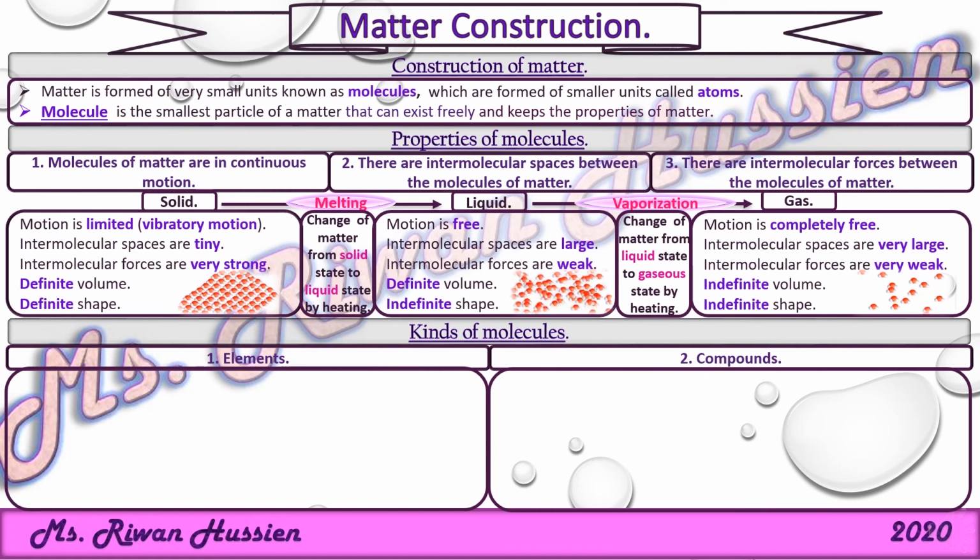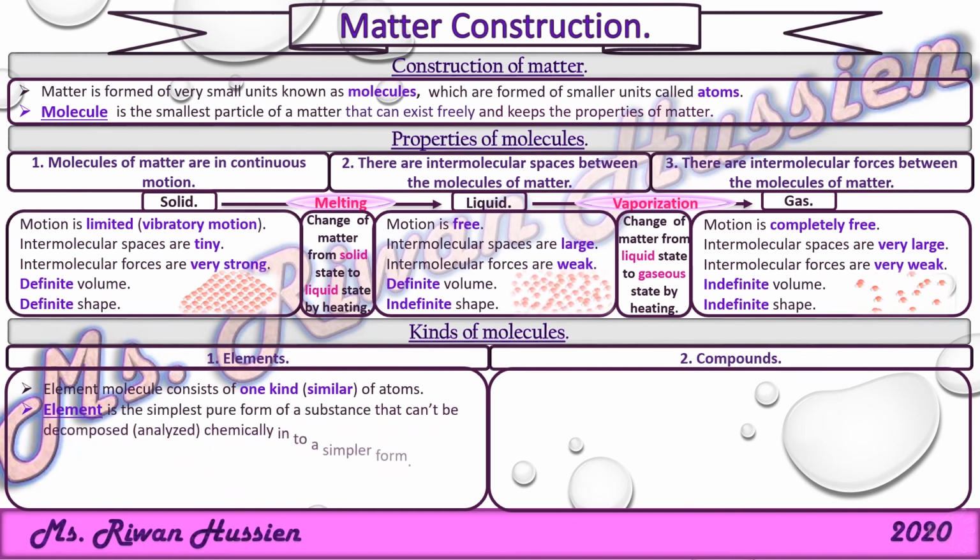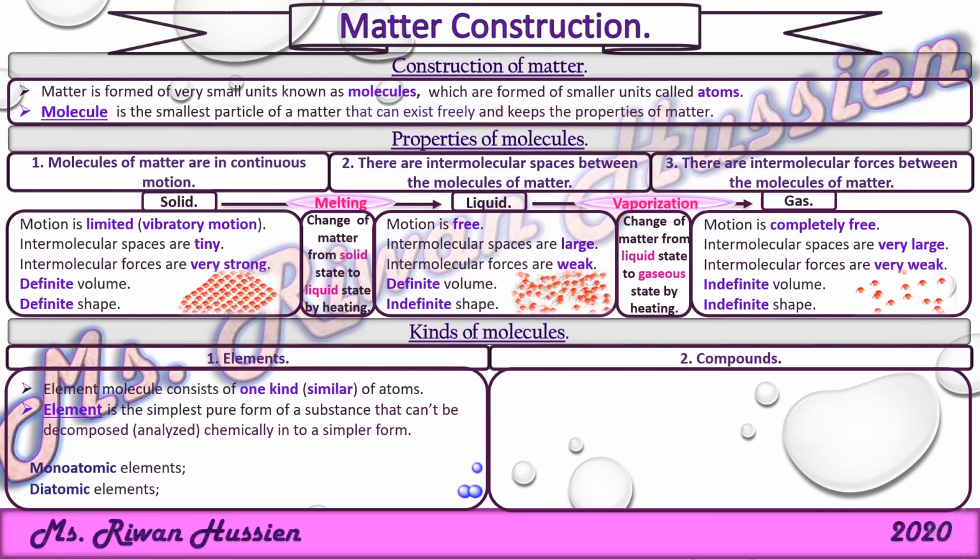Starting with the elements, we've said that the element molecule consists of one kind of atoms or similar atoms. We've defined element as the simplest pure form of a substance that cannot be decomposed or analyzed chemically into a simpler form. We've also said that element molecules are either monoatomic elements or diatomic elements.